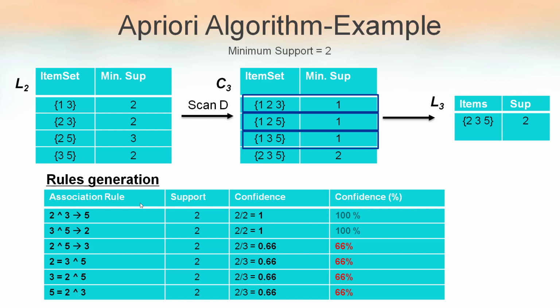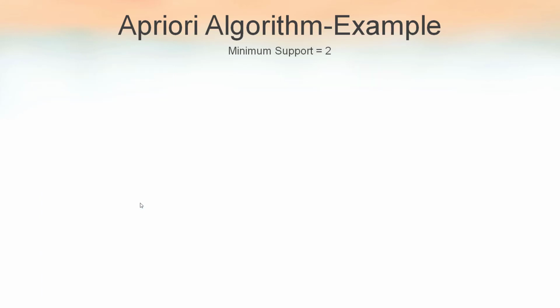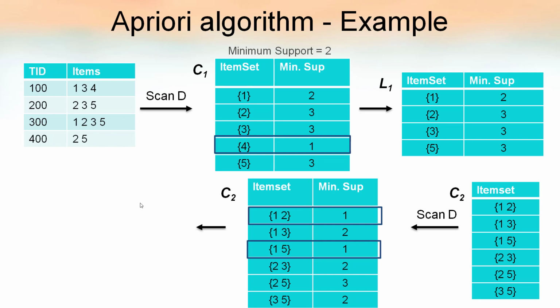Next, calculating confidence. In the first rule, 2 and 3 tends to 5. Let's see the database. This is the transaction database, TID and items. We have a total of 2 transactions in which we can see 2, 3, and also 2 transactions with 2, 3 and 5.